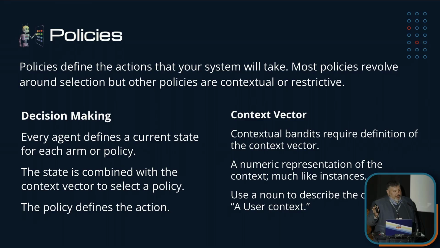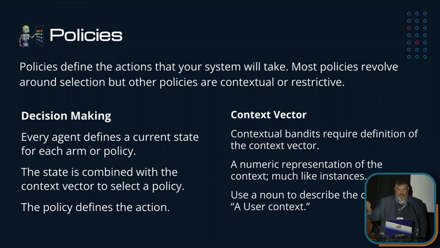Just real quick on policies. Policies define the actions that your system will take. In decision making, every agent knows its state and it knows the state of each arm policy that it holds. And if you have contextual bandits, you combine that state with the contextual vector in order to describe the action.